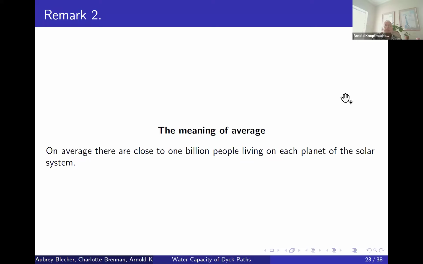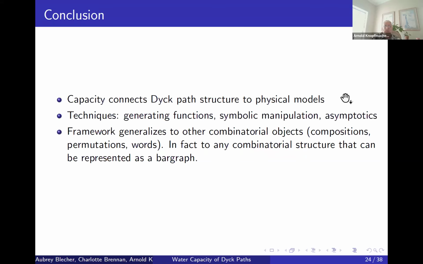So if we only go by the average, then we can say that on average there are close to 1 billion people living on each planet of the solar system, which clearly is correct as an average, but is obviously not meaningful. The good news is for the combinatorial problems we're doing, averages actually are usually pretty accurate, so that issue goes away.